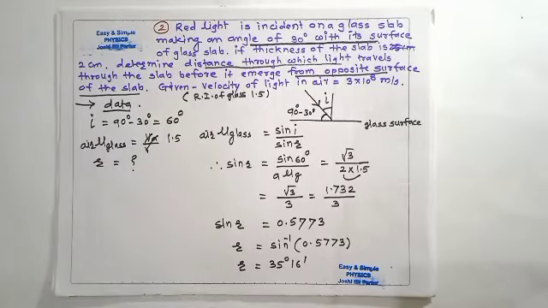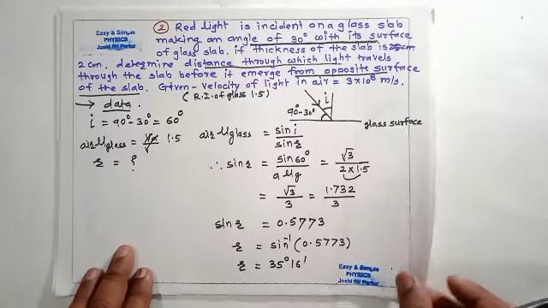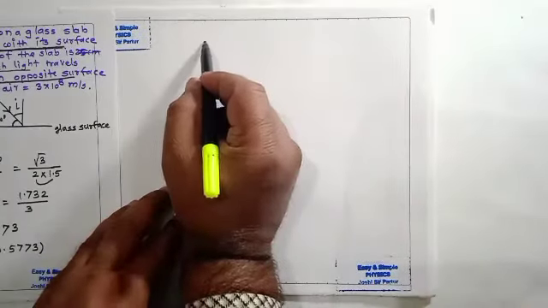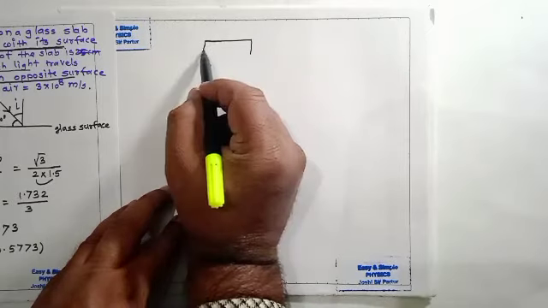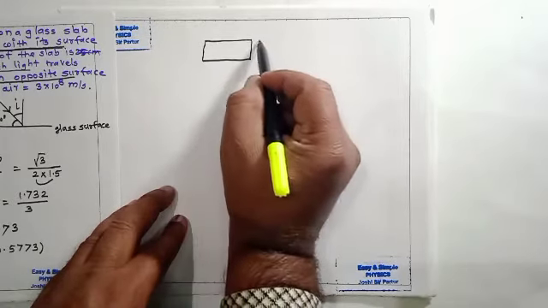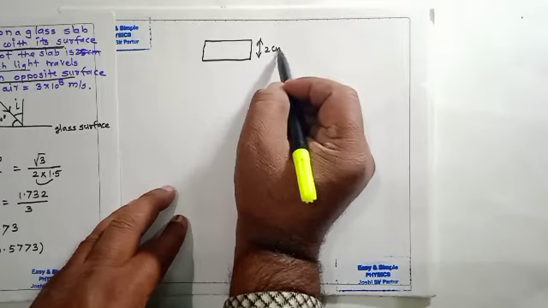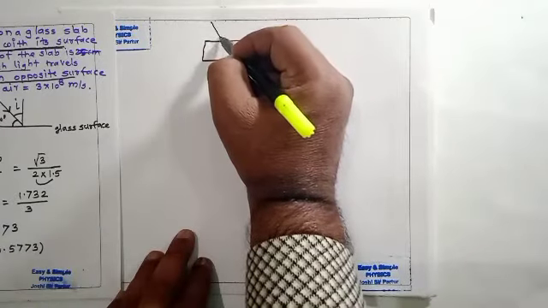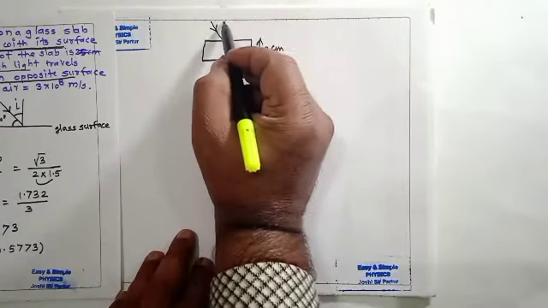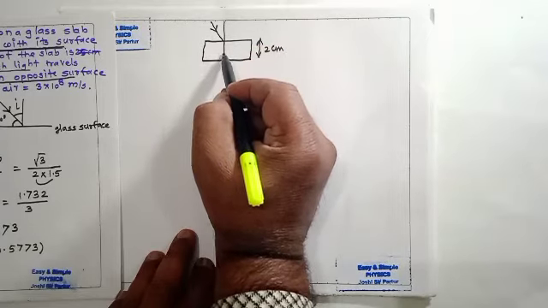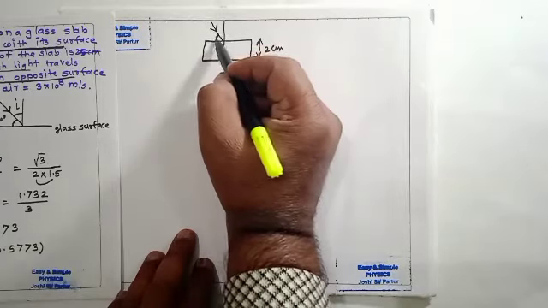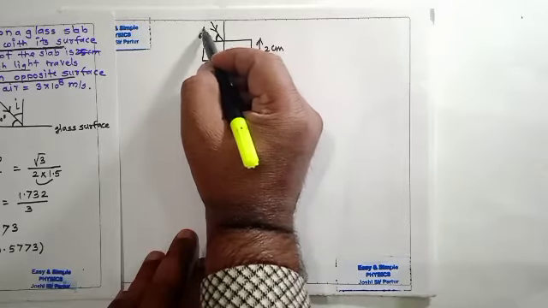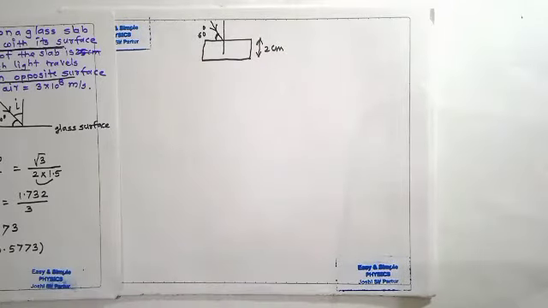But when we find the angle of refraction, see here the question is a glass slab of thickness 2 centimeter. See here, if we draw the glass slab whose thickness is 2 centimeter, light is incident. Here the light ray will be incident. Here the normal is there, and the given angle is 60 degree, that is 90 minus i.